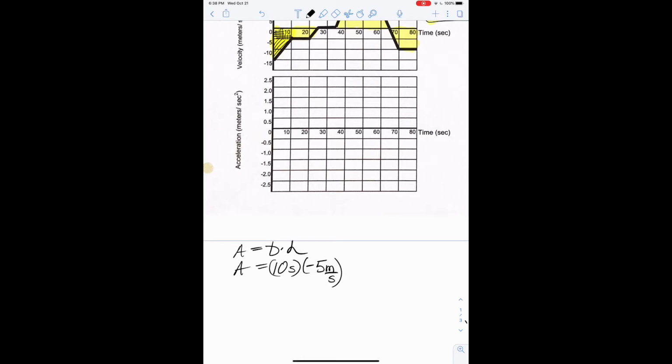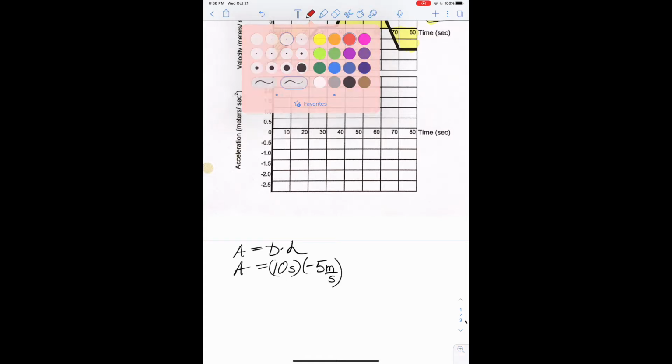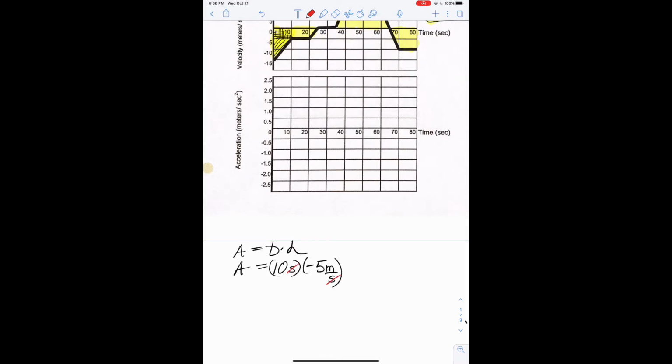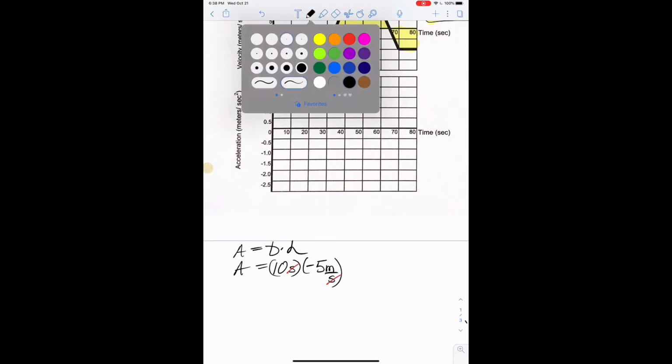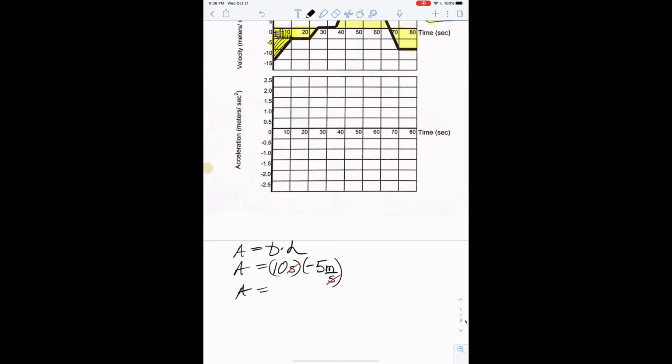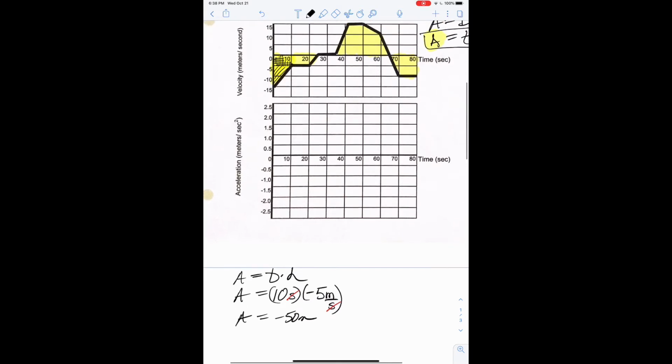And this is another reason we can see that the area is going to give us displacement, or change in position, because when we cancel our units, we're left with meters. And so we can then write that the area of that rectangle is negative 50 meters. Okay, so that rectangle right there is negative 50 meters.